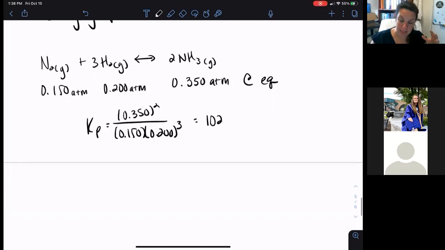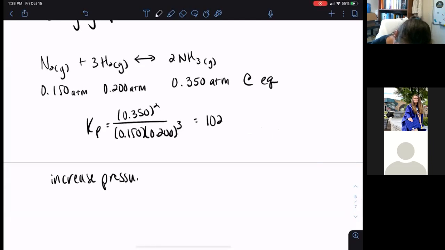Now, let's say that we increase the pressure on this entire system. So we can increase pressure by either decreasing volume or adding an additional thing that wasn't already in there.